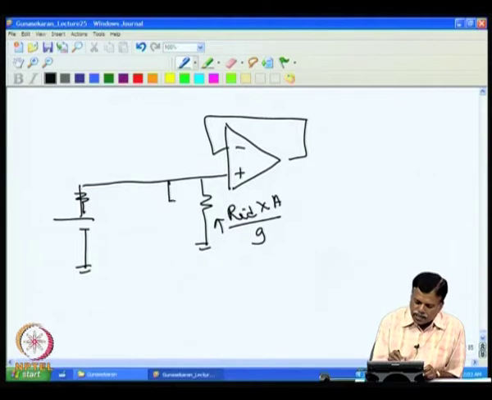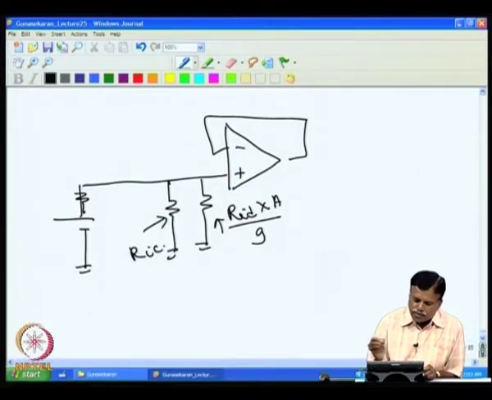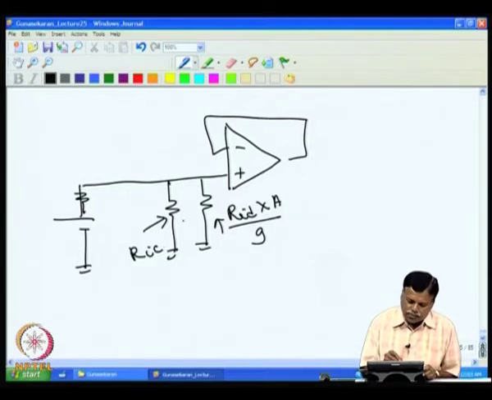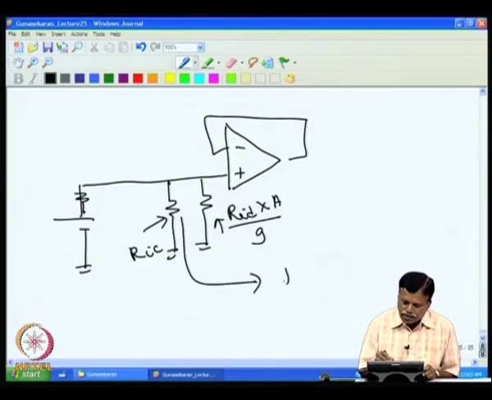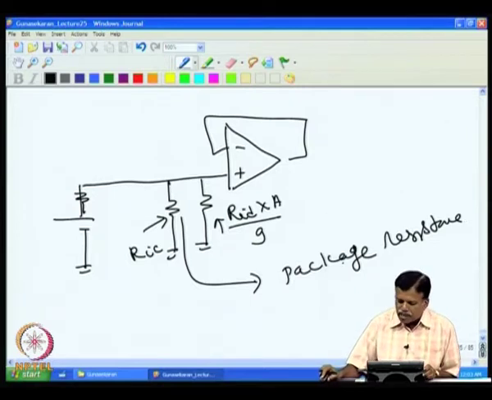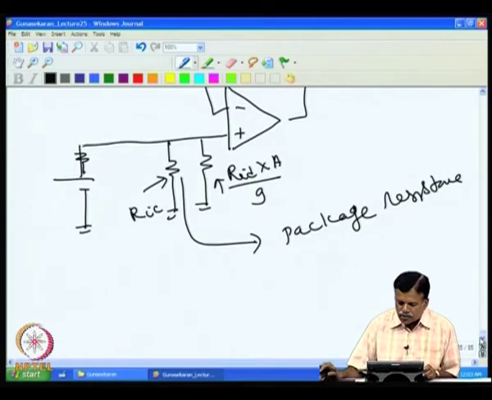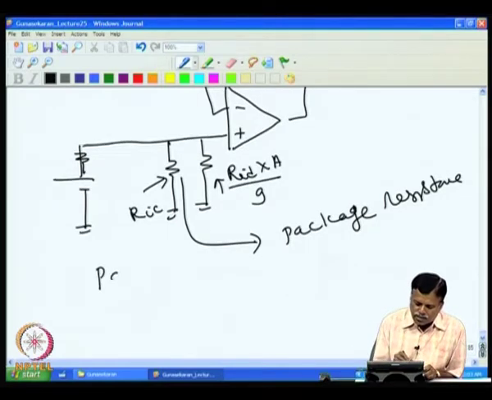Then there is a package resistance which is called RIC, that is the common resistance. This resistance is coming due to the package. The package resistance is constant, it is not changing.